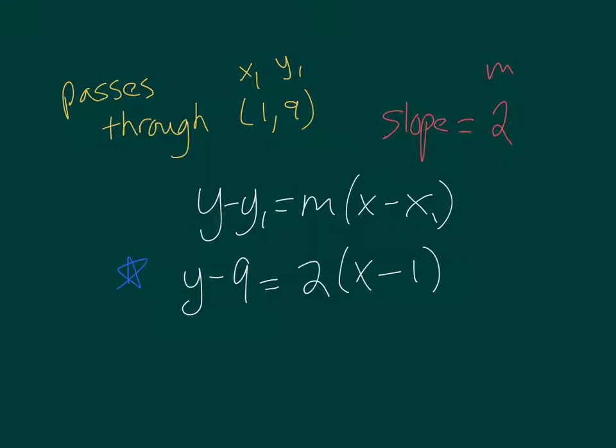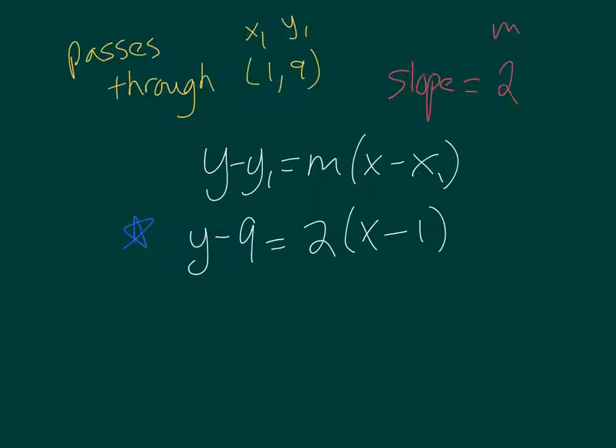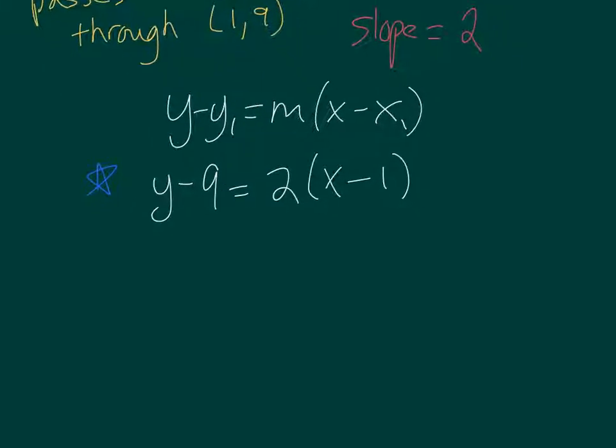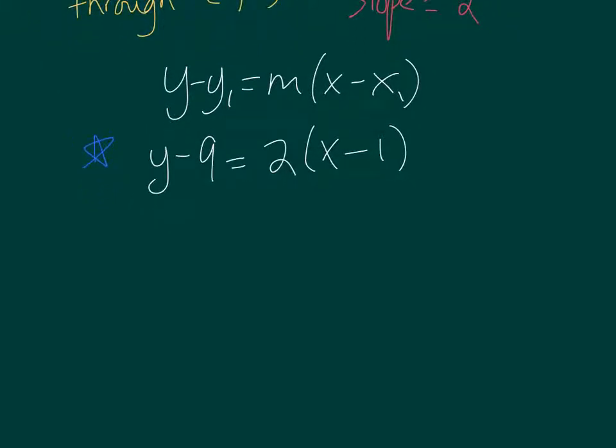Now, the next part asks you to write that same equation, but now you need to write it in slope-intercept form. So, just to remind you guys, this is point slope form, and now we want to write it in slope-intercept form. And really, that's not too bad.